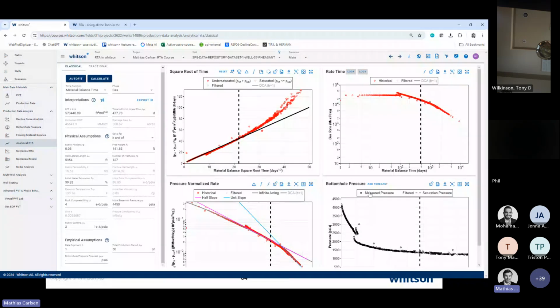So even for a dry gas well, it will introduce problems using these analytical equations. That's why we're going to move into numerical RTA to deal with these items. Any questions here? Clear, or at least clear as mud?